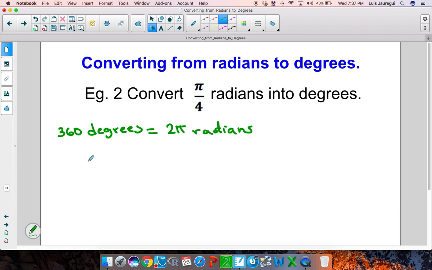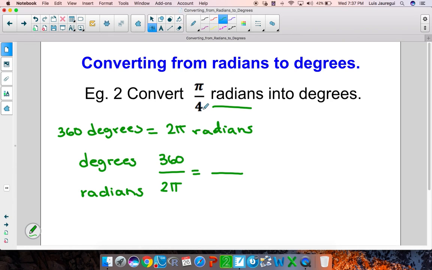Let me have my labels here on the side: degrees and then radians. So I know 360 degrees correspond to 2 pi radians. Now in my problem, I am given radians, so I'm going to take the pi over 4 and put it here in my denominator because that corresponds to my radians. And I don't know what that corresponds to in terms of degrees, so let me call that x.